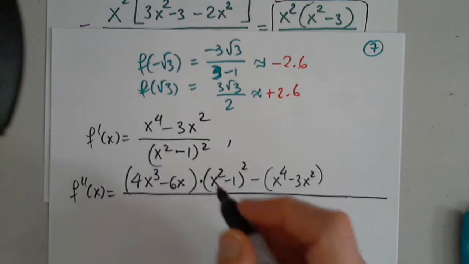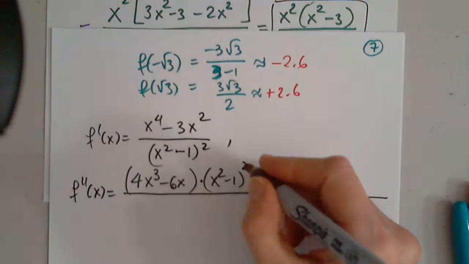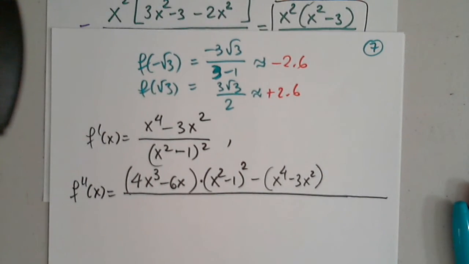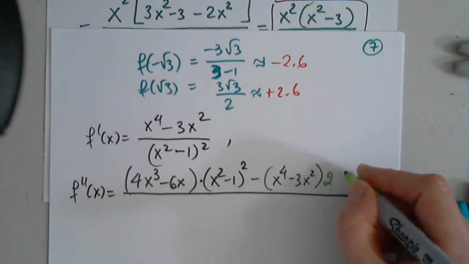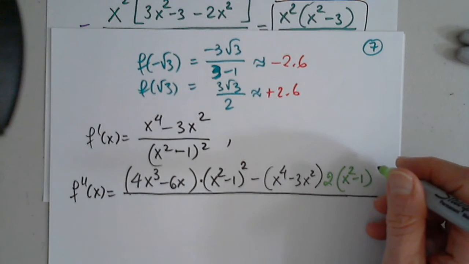Who would like to give us the bottom, the denominator prime? Anyone? So it would be 2x squared minus 1 to the 1.